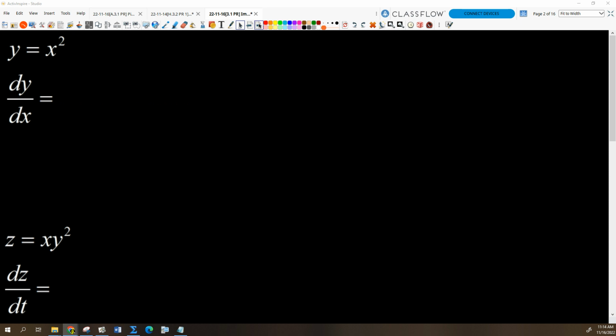Okay, let's look at a couple quick examples. Well, the top one, that's old news, right? That's an explicit derivative. We've done stuff like that already. What is the derivative? What's dy dx if y equals x squared? 2x, sure. We're just differentiating, and we get 2x.